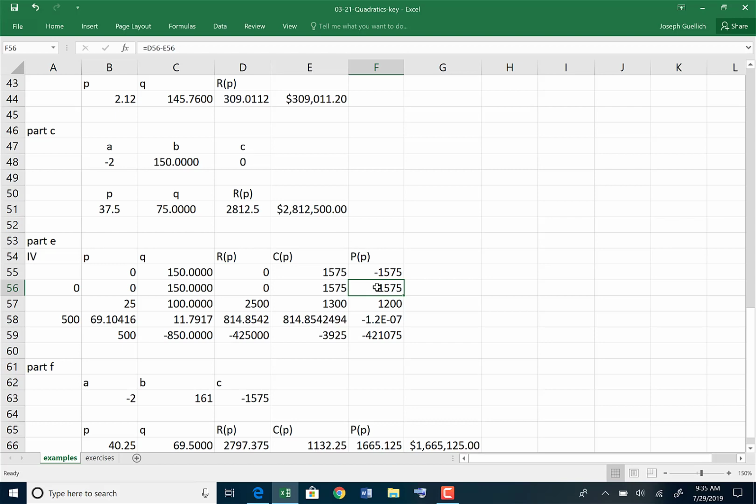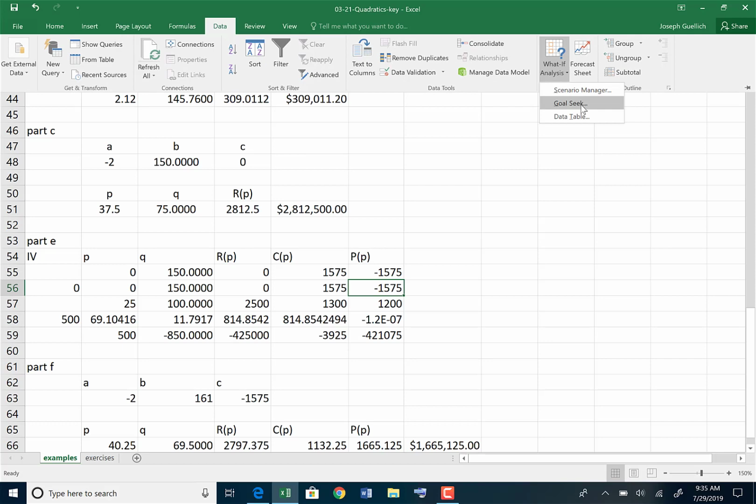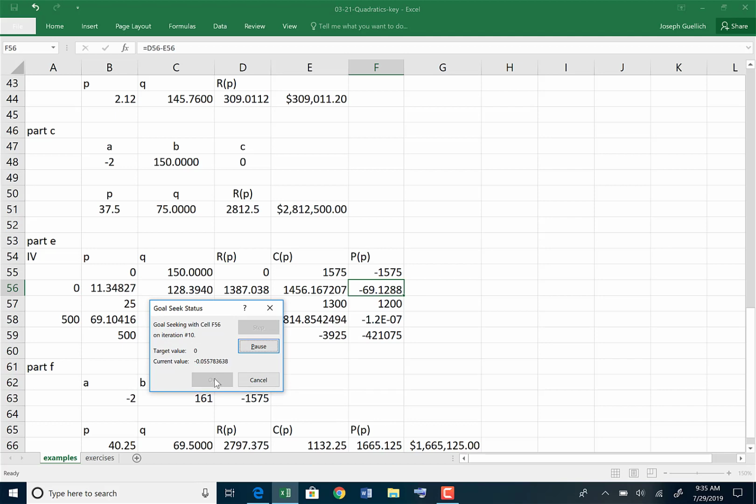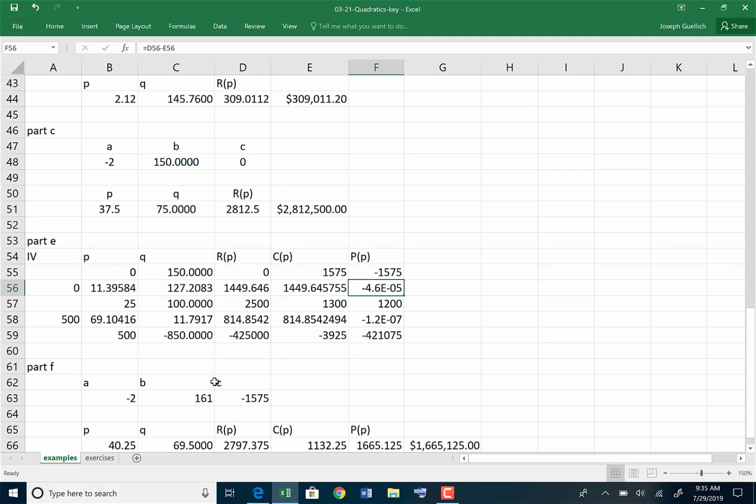So the formula cell is for the profit function, up to the data tab, What-If, Goal Seek. The To value for break even is 0. The changing cell is the original input cell, which is the price. Click OK. And there we go. And I did it again for the 500. It's always a good idea to do goal seek multiple times with a small value and a larger value.